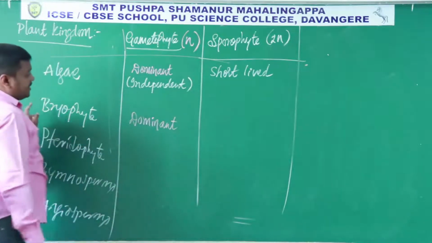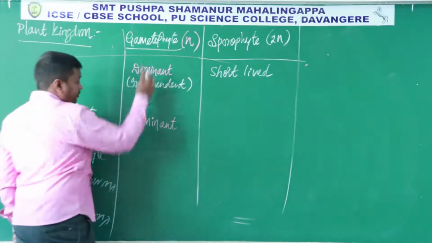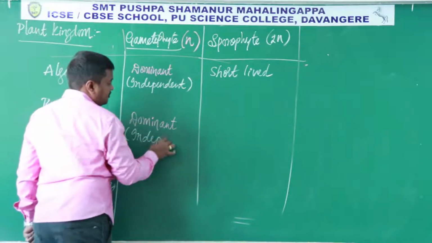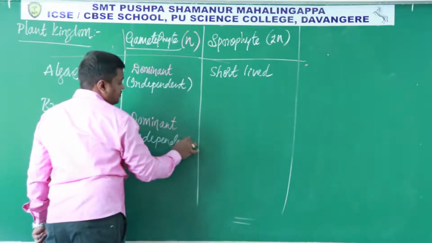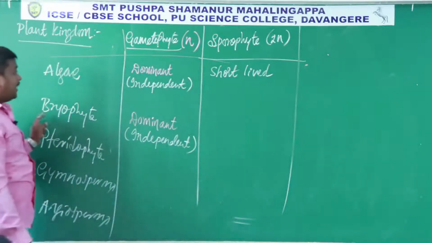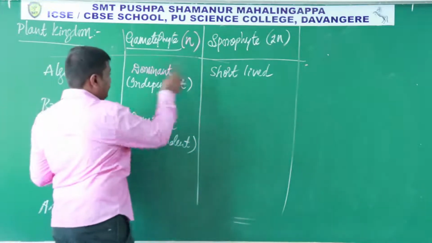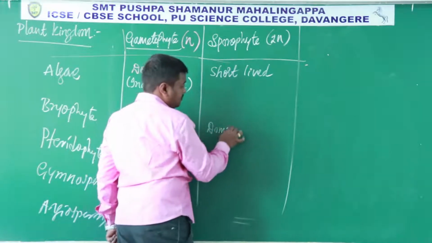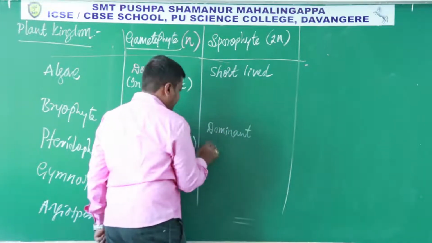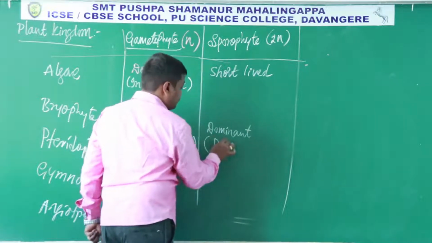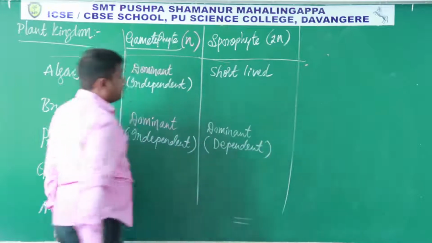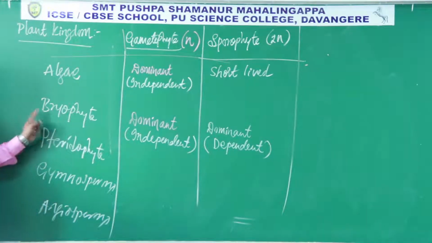In case of bryophyte, gametophyte is dominant and it is independent, and the sporophyte is also dominant, but it is dependent. That means the sporophyte is dependent on the gametophyte.